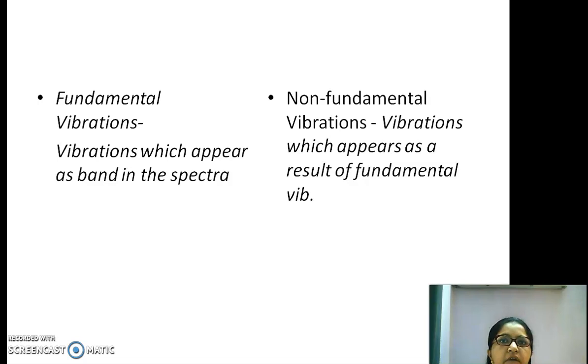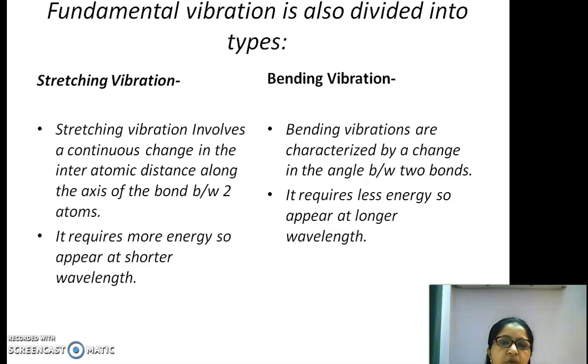The fundamental one is the first one due to the stone, and when the next wave or vibration comes out of the first one, it is non-fundamental, because it is not coming due to the stone, but due to the first wave that was created by the stone. Okay, so that is what is non-fundamental.